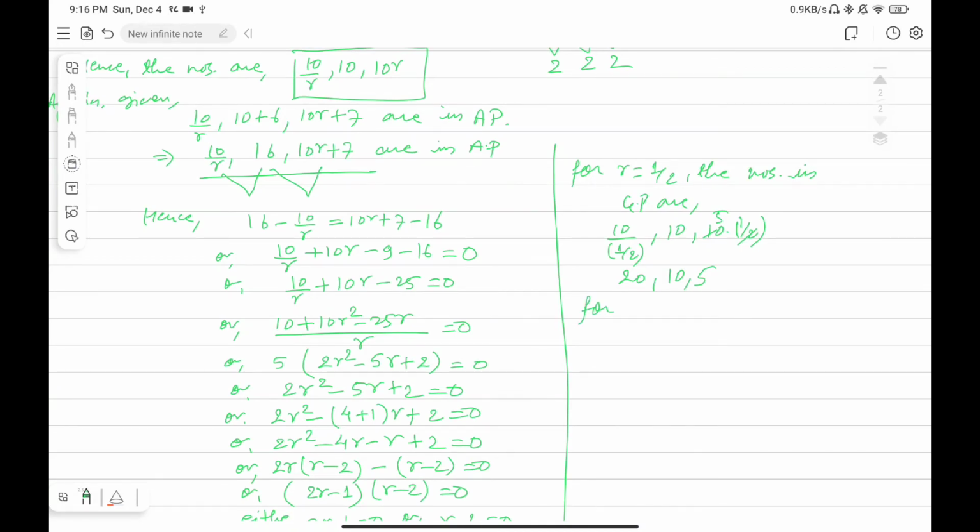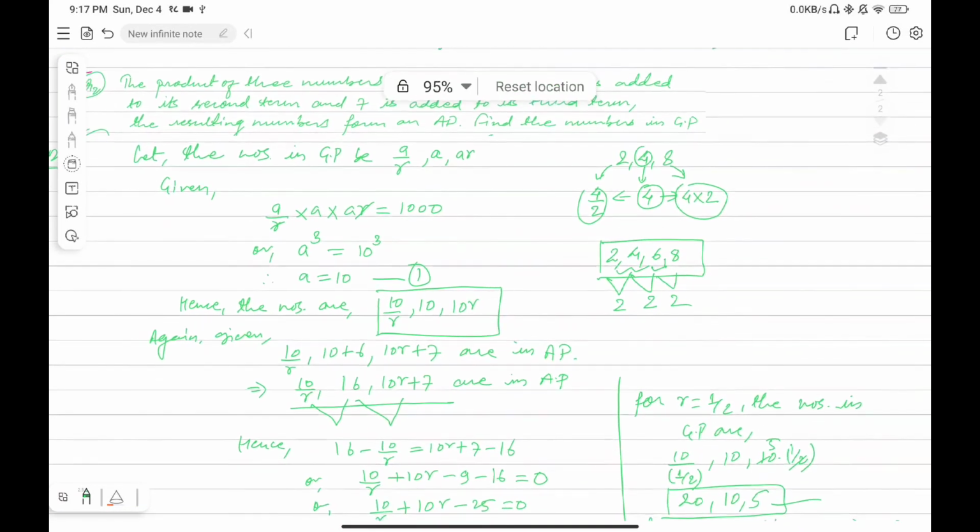For R equals 2, the numbers in GP are 10 by 2, 10, and 10 times 2. So this is 5, and we have 10 and 20. The numbers are the same, just arranged in ascending or descending order. So these two progressions are possible under the given condition in this question.